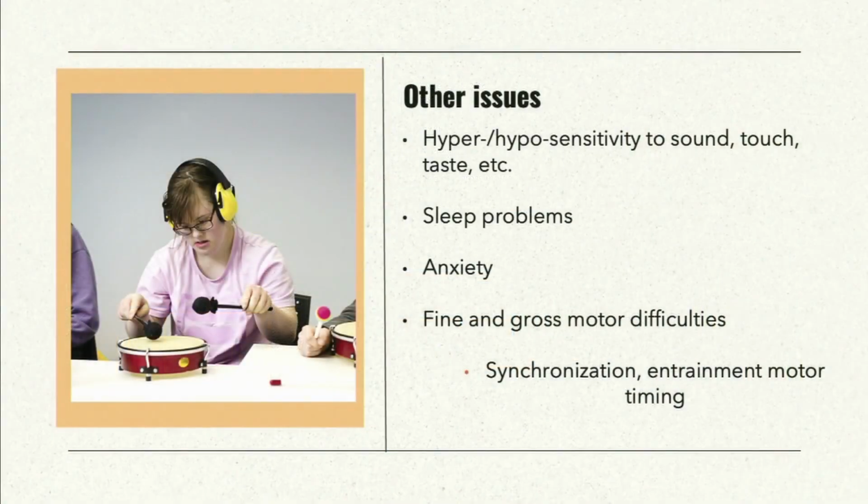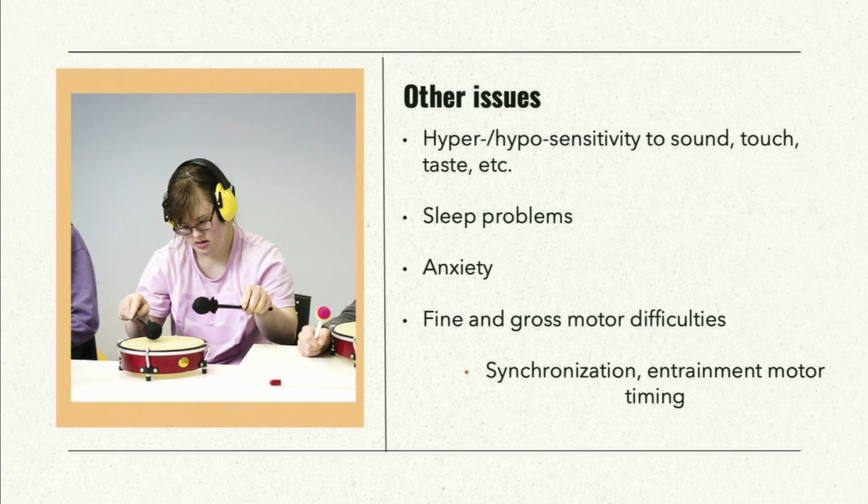So in addition to the main 2 requirements for an autism diagnosis, we often see other things as well. Often there are sensory issues. Autistic children can be hypo or hypersensitive to sound or touch. It can change. Sometimes they're hypersensitive in one moment and hyposensitive in another moment. So that creates a number of challenges. Very, very common for these children to have sleep problems.